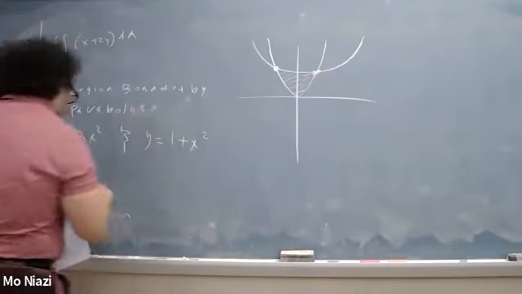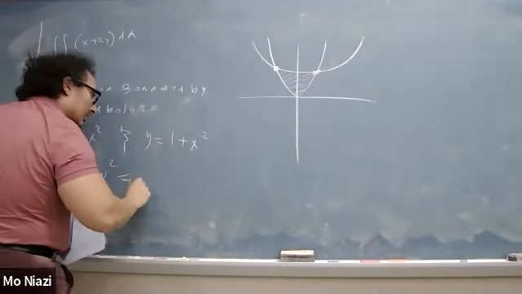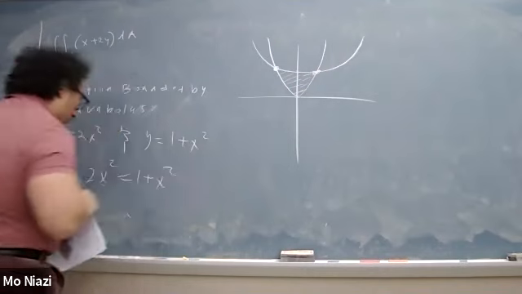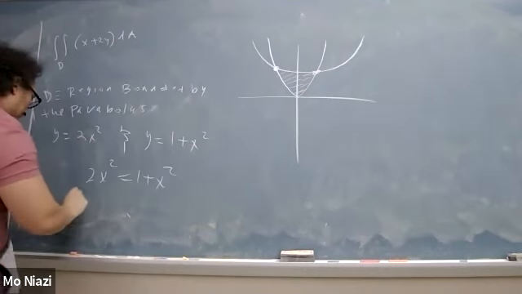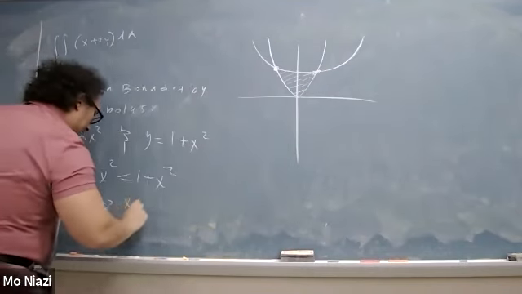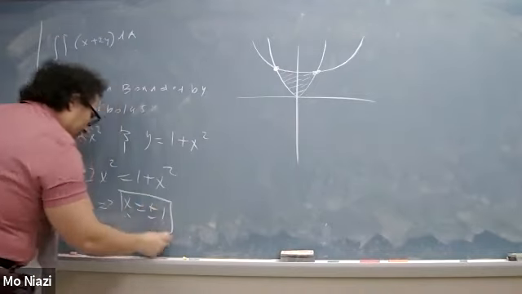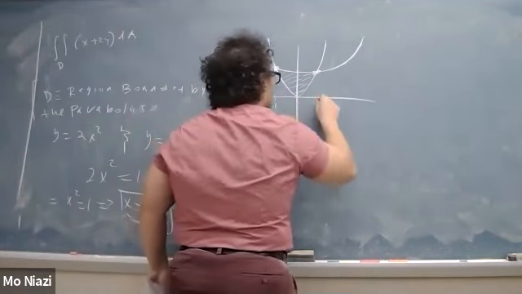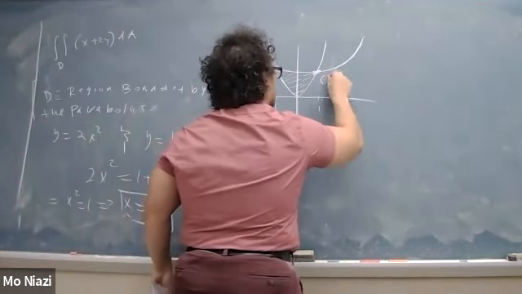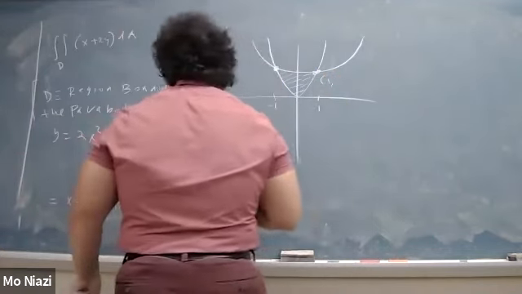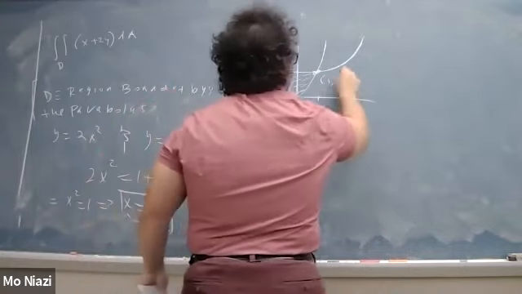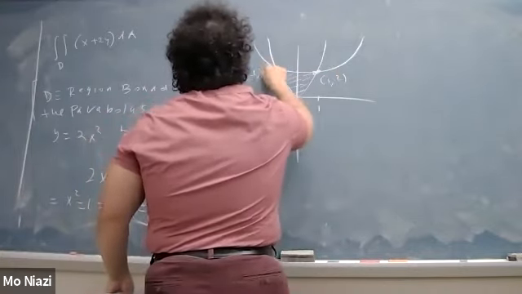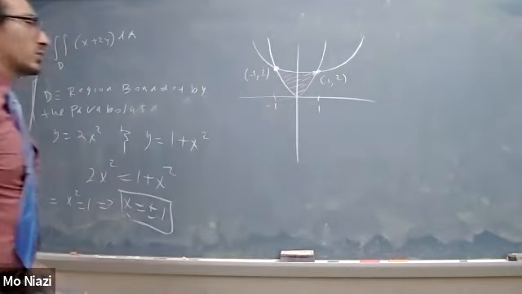Well, it's merely the points where these are equal. Notice that this implies x squared is equal to 1, which implies x is equal to plus or minus 1. So f of plus or minus 1 are these locations. This is at 1, and f of 1 is 2. And this is negative 1, 2. Those are our spots.